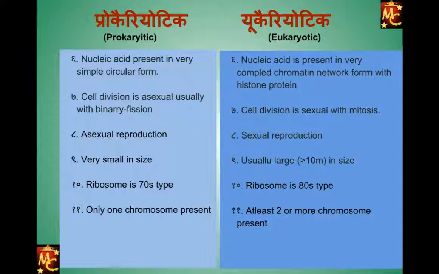Next, cell division is often asexual, usually with binary fission. So cells simply divide into two parts. However, in eukaryotic cells, division is with mitosis. Mitosis is the process where cell division occurs, and this is common in eukaryotic cells.